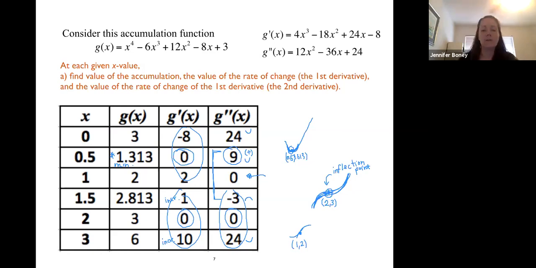So my function from here, this function decreases and then increases, and that's all I can really tell. Looking at the first derivative, I can see it decreases, goes uphill, flattens for a second, and then continues uphill. My second derivative, I can tell it's curved up, flattens, and then changes to being curved down.